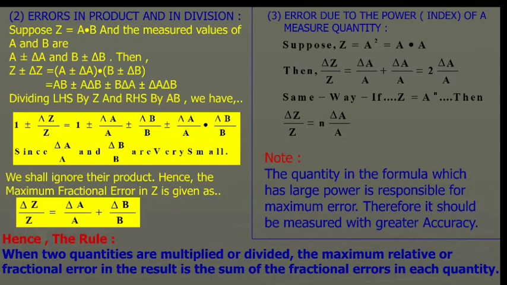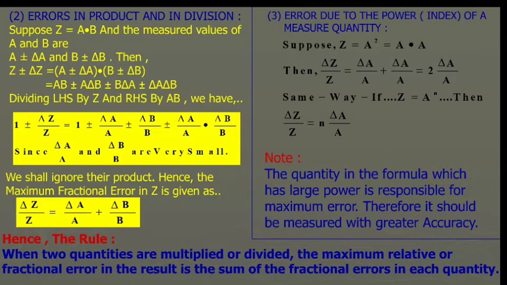So, dear students, we have taken here the combination of the error in the sum, addition, subtraction, product meaning multiplication, in the division, and the error due to the power index of the measured quantity.